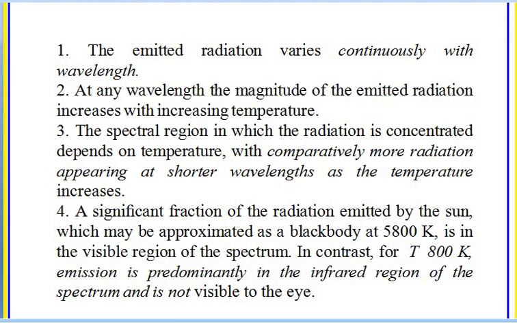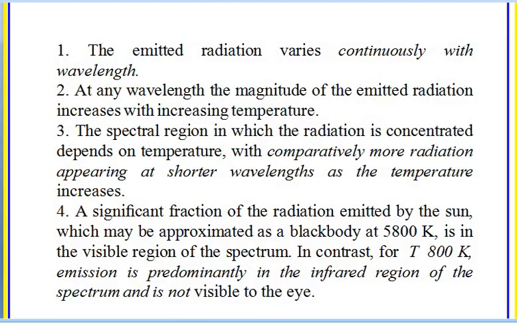At any wavelength, the magnitude of the emitted radiation increases with increasing temperature. The spectral region in which the radiation is concentrated depends on the temperature, with comparatively more radiation appearing at the shorter wavelengths as the temperature increases.